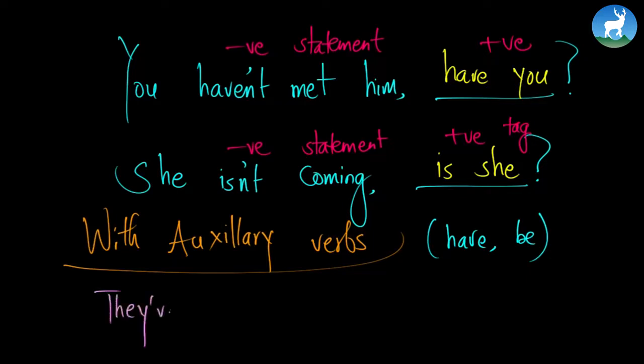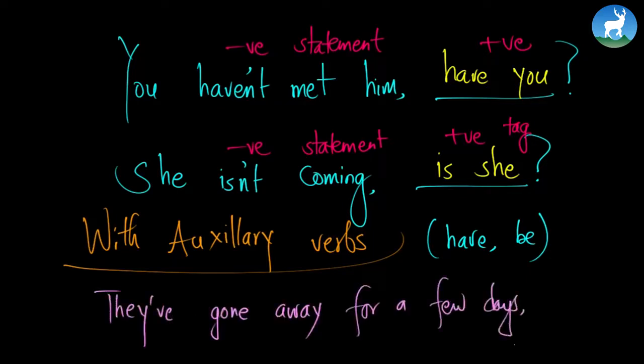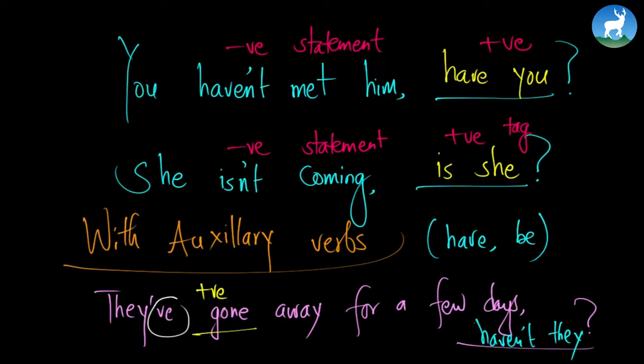For example, they've gone away for a few days. So what would be the question tag here? They've gone for a few days. Haven't they? Very good. Haven't they? And why is it done? It is done because the statement is positive. That's why we have a negative question tag. And what did we do? We used this auxiliary verb.